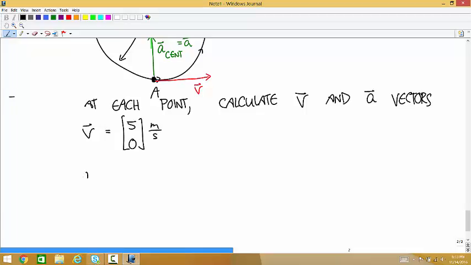And then the total acceleration is equal to the centripetal acceleration. And the centripetal is the speed squared divided by r, pointed in that direction. So that's 25 over 20.